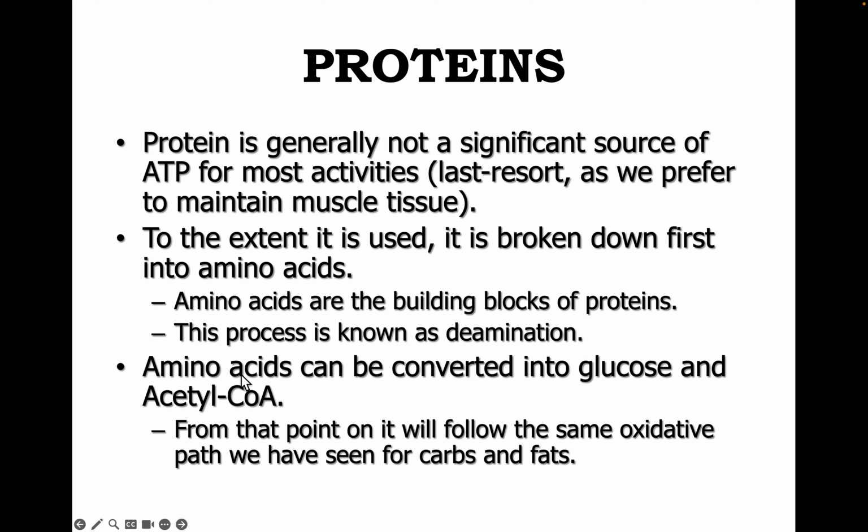Now, these amino acids, broken down proteins, can be converted into glucose and acetyl coenzyme A. Therefore, we can use the glucose and acetyl coenzyme A that have been converted from these amino acids in glycolysis and in the other oxidative pathways for breakdown of carbohydrates and fats, like previously.